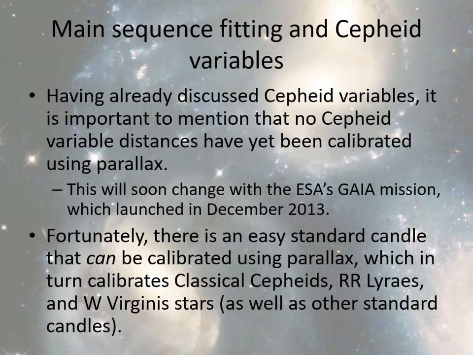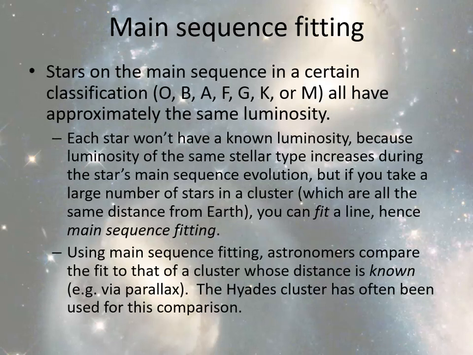Meanwhile, one of the things that the Gaia spacecraft has been doing successfully has been finding by parallax the distances to Cepheid variables and getting more precise calibrations than what Henrietta Leavitt gave us over 100 years ago. So remember, the Cepheid variables are what we use to determine distances to other galaxies. So the better you know the calibration for the Cepheid variables, the better you're going to be able to get your distances to other galaxies.